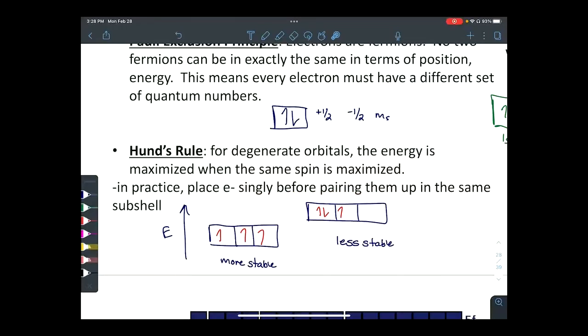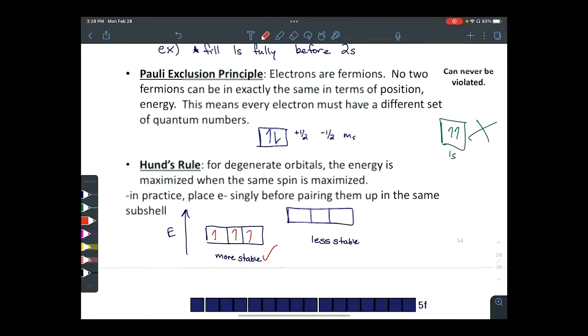You'll see the same thing for d orbitals: you want to fill up all 5 d orbitals singly before you start doubling up. Comparing this to potential energy, you want to spread out those electrons because if you put them in the same orbital, you experience repulsion. So this is more stable and favorable.